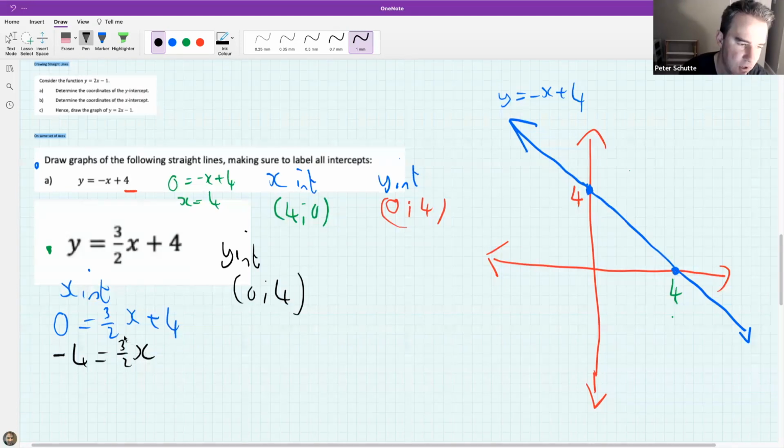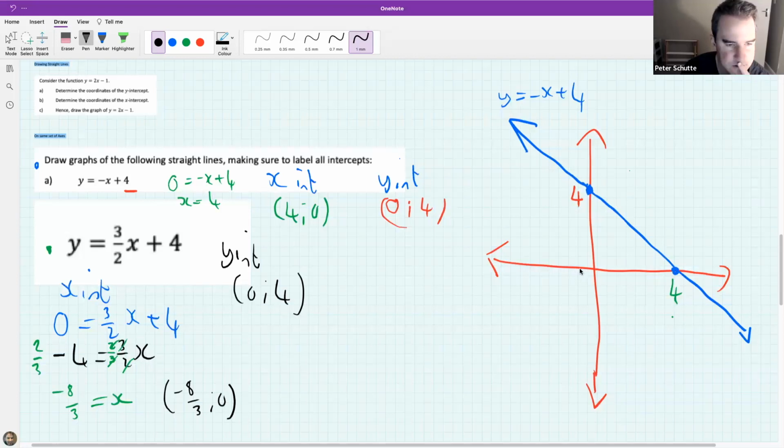So you can use your calculator here if you want to divide by 3/2, or you can times both sides by 2/3. That will also do the trick. So if you times both sides by 2/3, that cancels, and then you should get minus 8/3 for x. And so the x-intercept would be that.